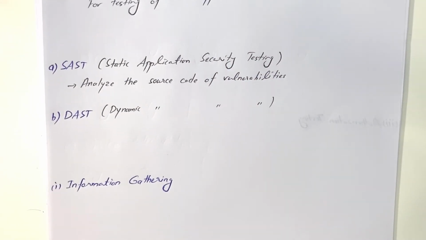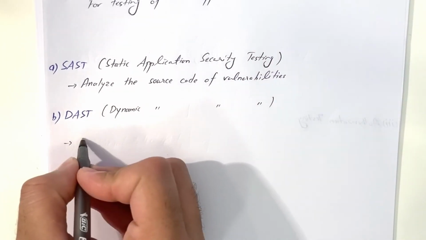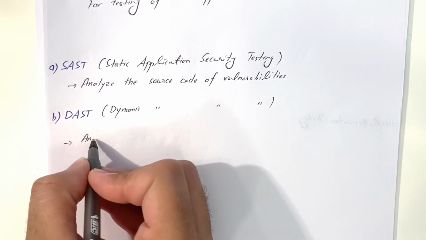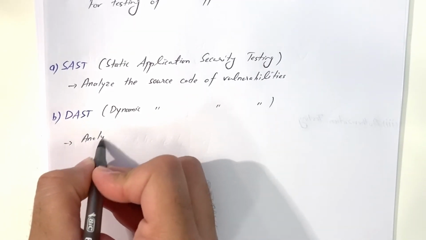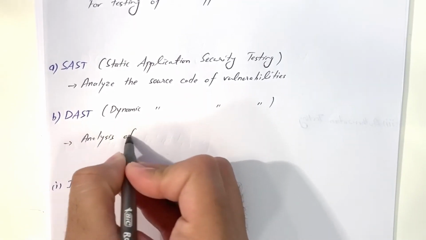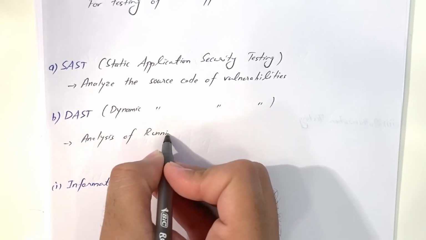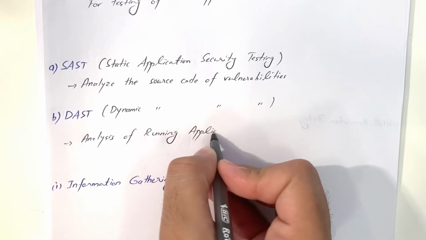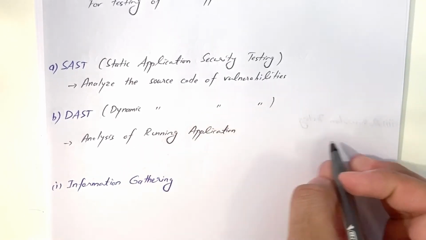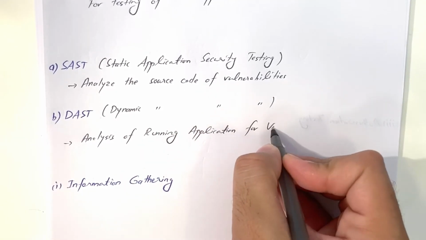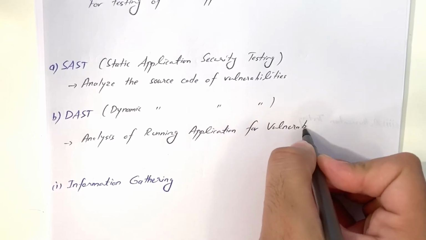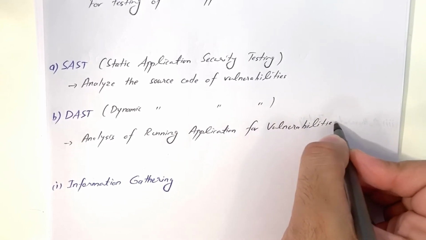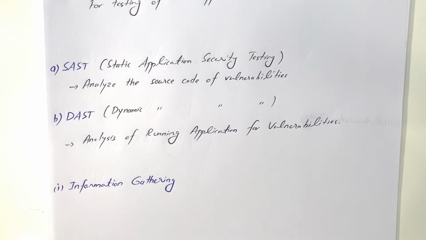Second is called DAST. DAST is basically where we do the analysis of a running application for vulnerabilities. That's called DAST.